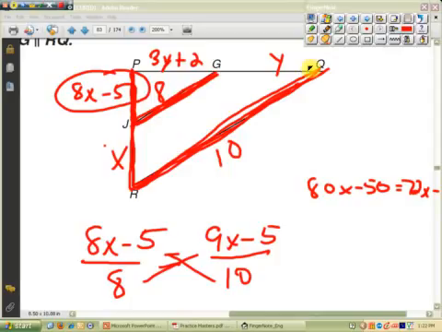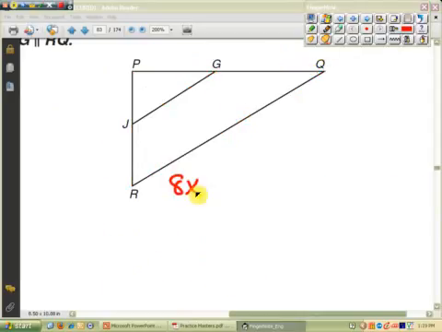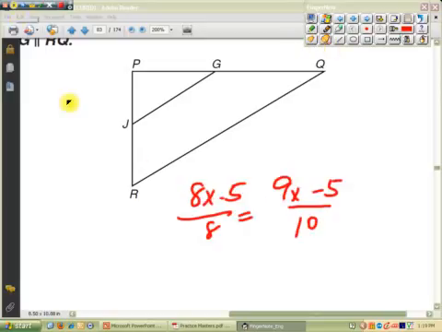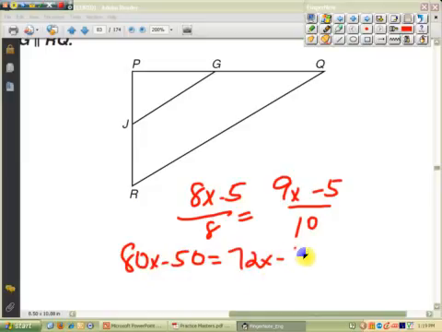Sorry, I ran out of space. 80X minus 50 equals 72X minus... Wait, did I set that up right? Okay, here we go. And now I get 80X minus 50 equals 72X minus 40.